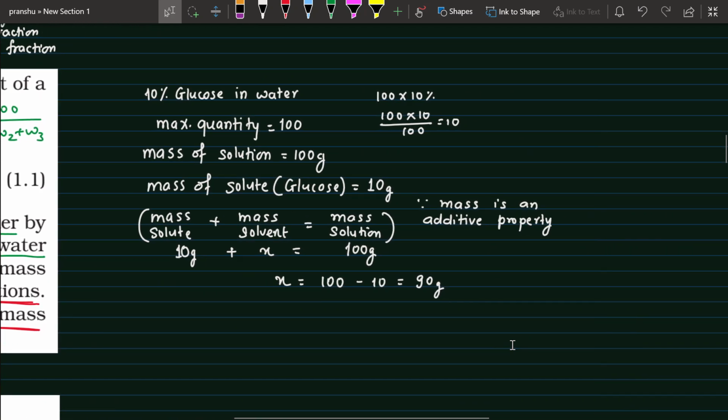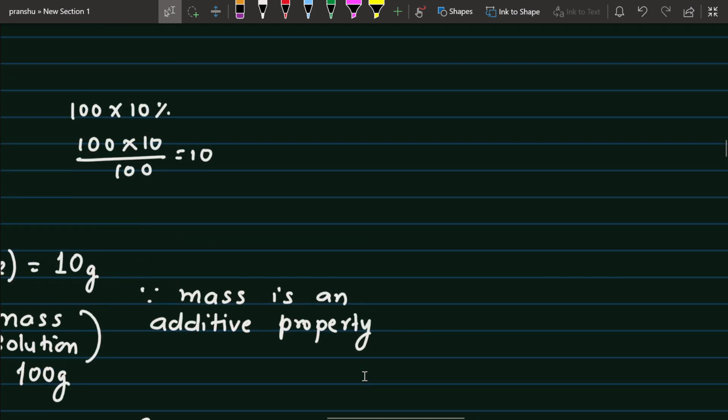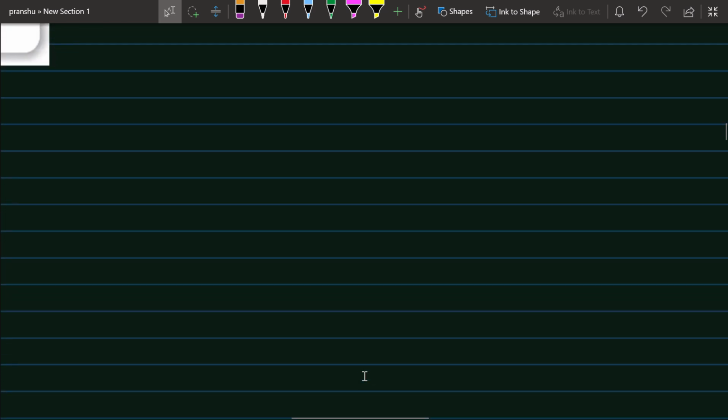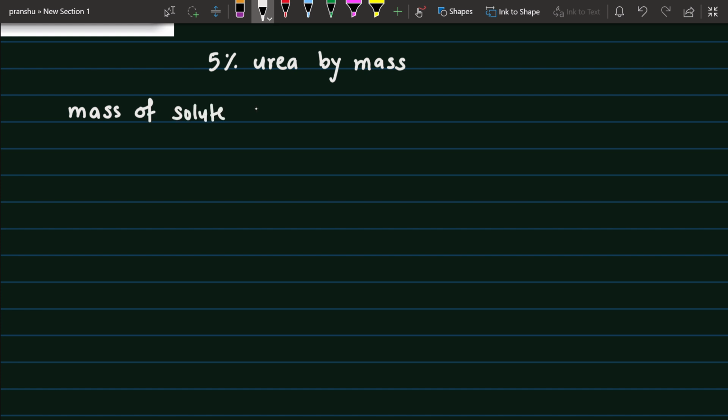Similarly, suppose that we have approximately 5% urea by mass. What will be the mass of solute? 5 gram.